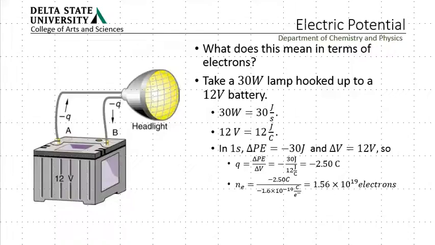This is minus 2.5 coulombs, the total charge of the electrons that move. Since one electron is 1.6 times 10 to the minus 19 coulombs, during this 1 second, 1.56 times 10 to the 19th electrons moved. A lot of electrons. Well, we move electrons around all the time.